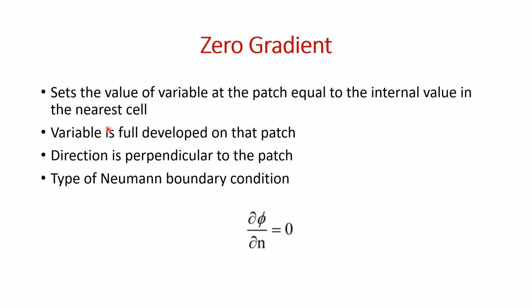Zero gradient means the variable is fully developed on that patch. The direction we are considering is perpendicular to the patch or the boundary. This is a type of Neumann boundary condition, where the gradient is specified, and here del phi by del n is equal to 0.